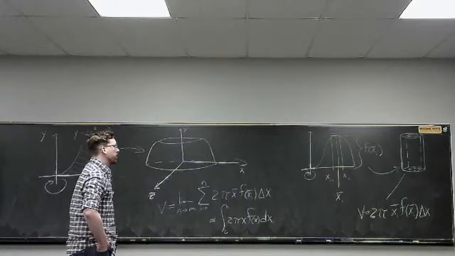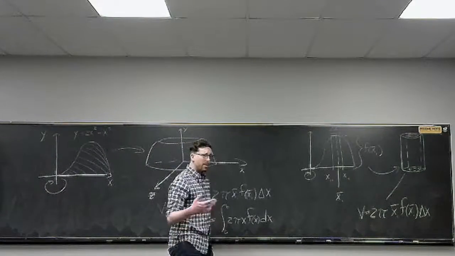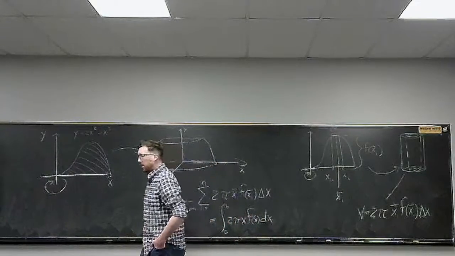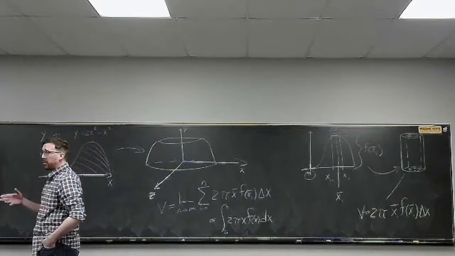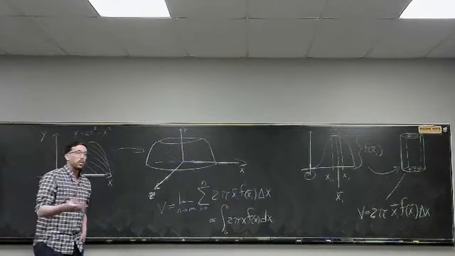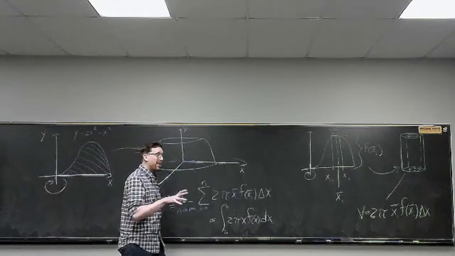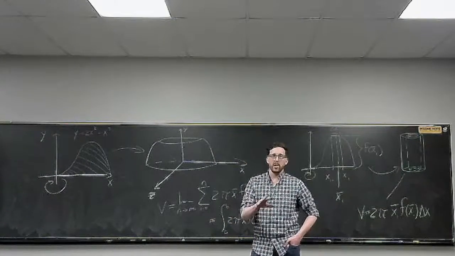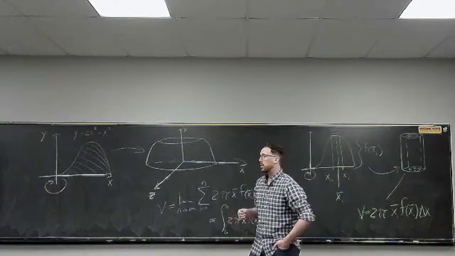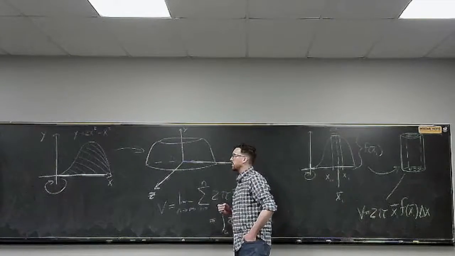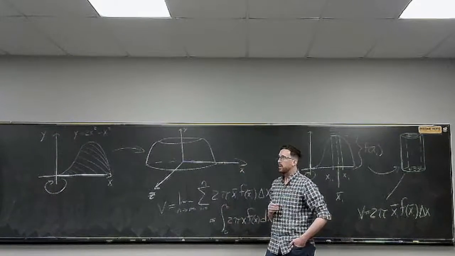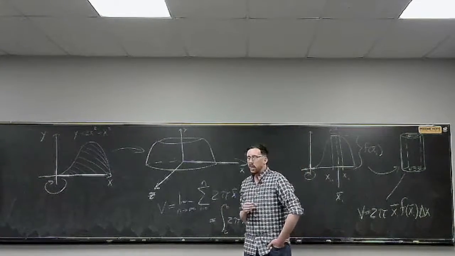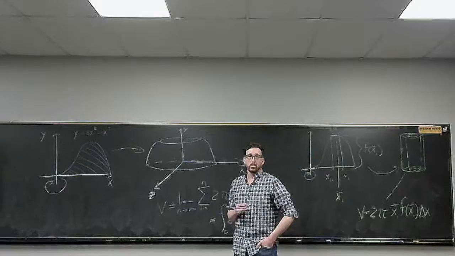It is over section 5.3, which is all about this idea of the cylindrical shell method. The cylindrical shell method is another method for finding volumes. I really am not planning on making this lecture particularly long, because this is something that experientially you're going to have to go through a couple problems on your own.